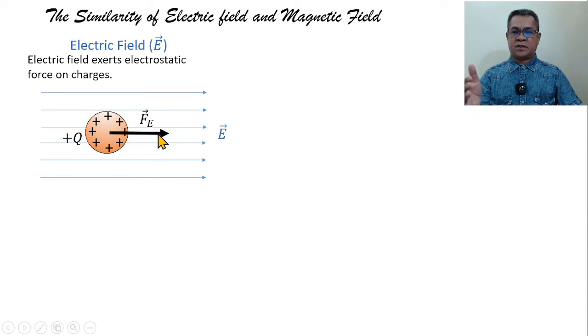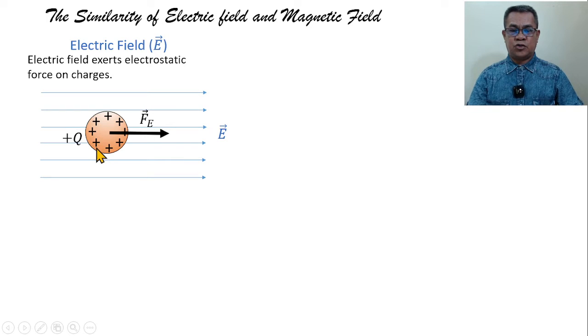The magnitude of this force is the product of the charge Q and the electric field, which means the electric force is directly proportional to the charge and electric field. Hence, the electric field can be calculated by dividing the electrostatic force on the charge by its charge.